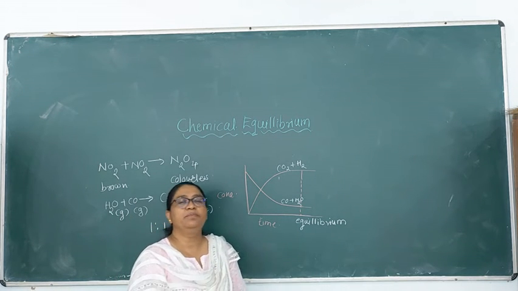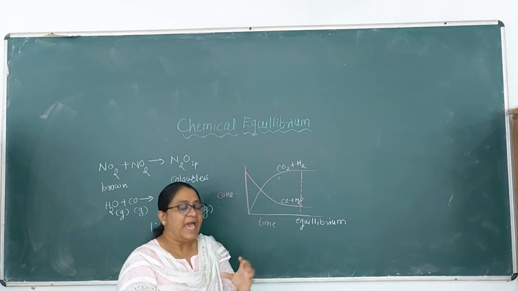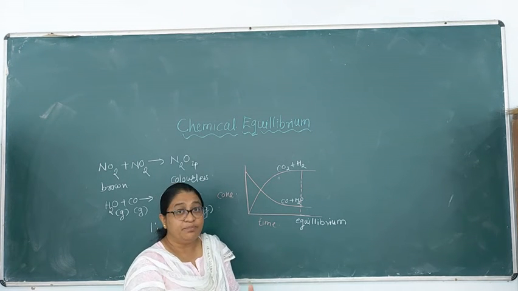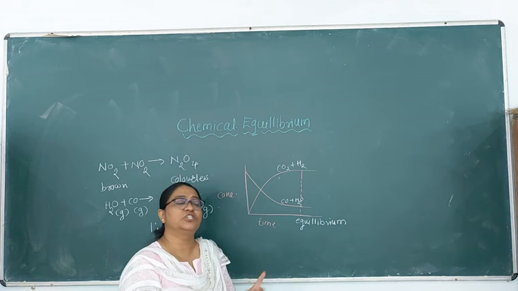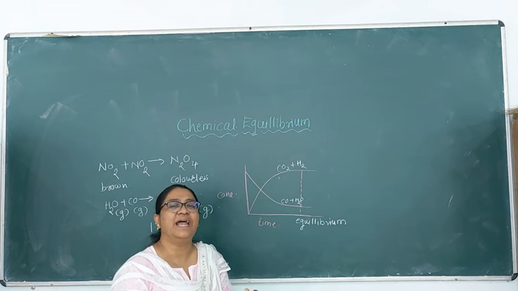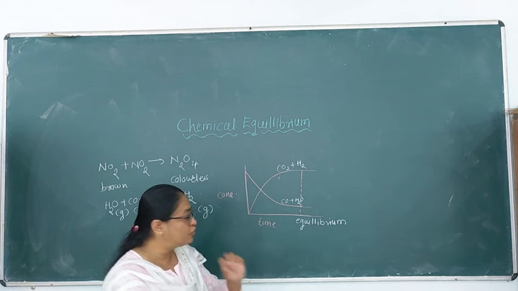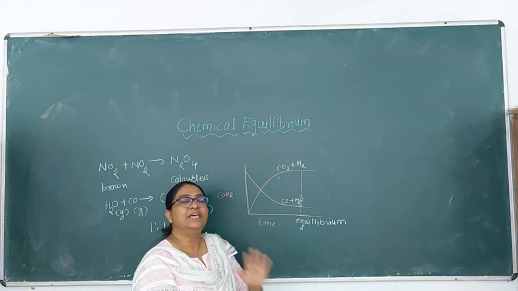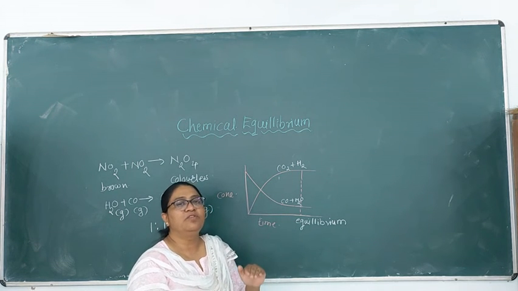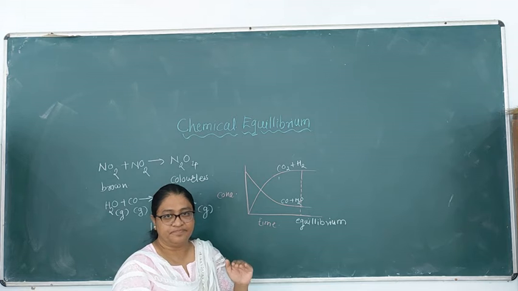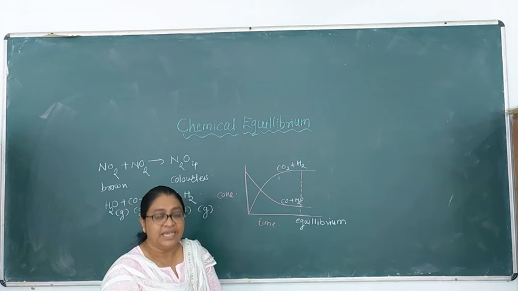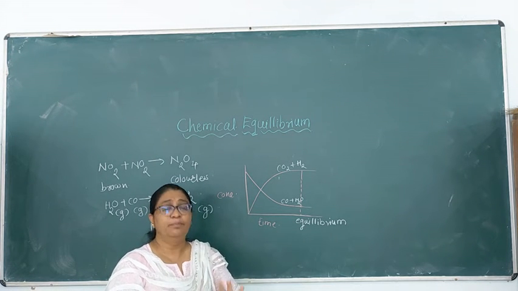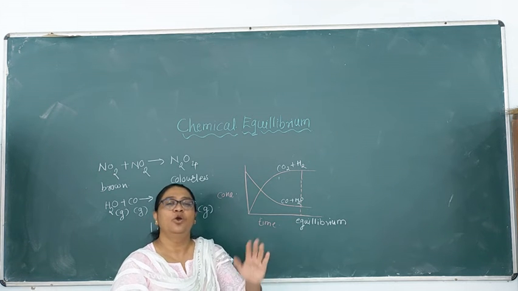In this type of chemical equilibrium, some activity is going on at the molecular level. That means the forward and the backward reactions are both going on, but at the same rate, and therefore the concentration of reactant as well as the product remains constant. Therefore, this type of equilibrium is not static, it is dynamic. Dynamic in the sense activity is going on, but the concentrations are remaining constant.